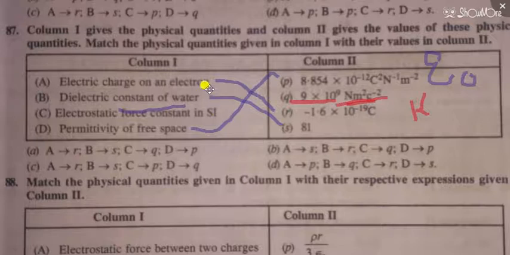So A is matching with R, B is with S, C is with Q. So we have option number A as our right answer. I hope this question is also clear to you.